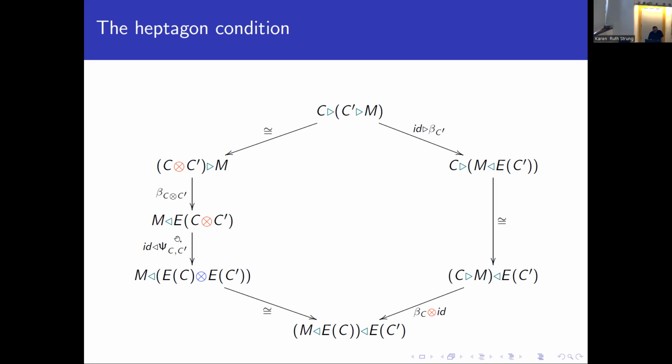We can send it to Mx upon E of C tensor C prime, but here we need the oplax functor, the monoidal structure, where this E of C tensor C prime is sent to EC tensor EC prime.